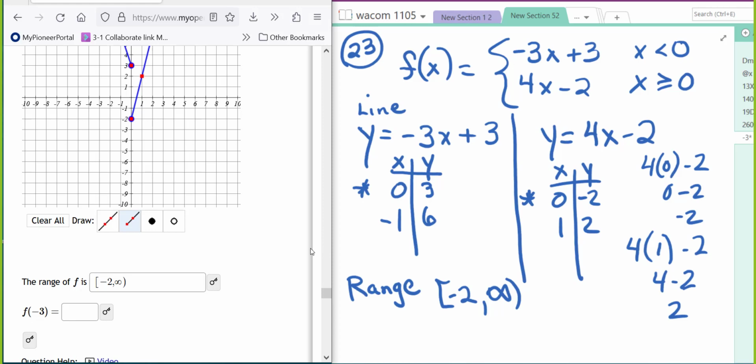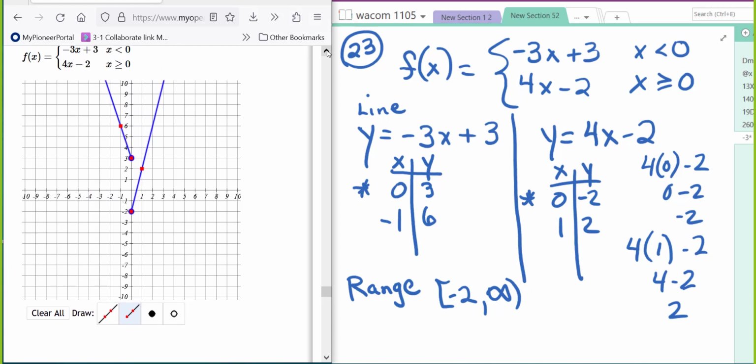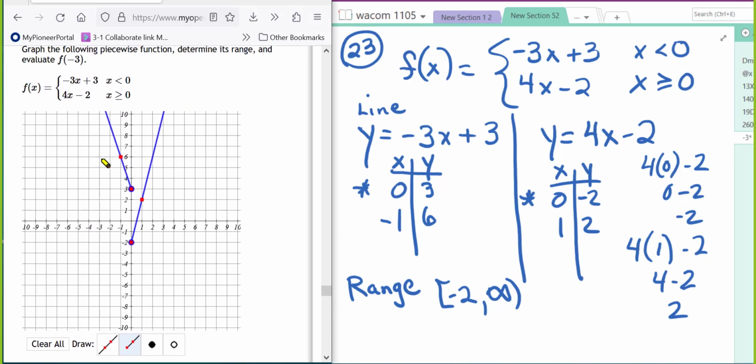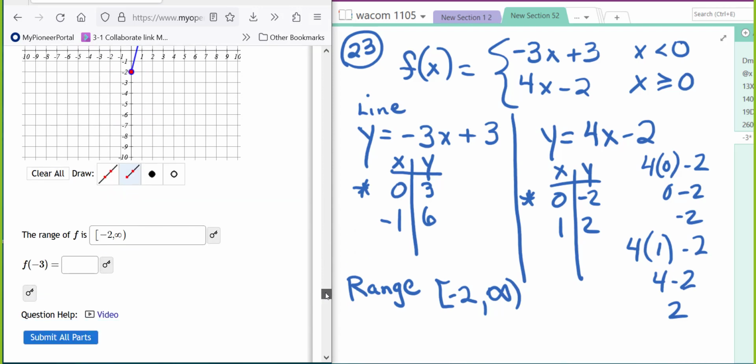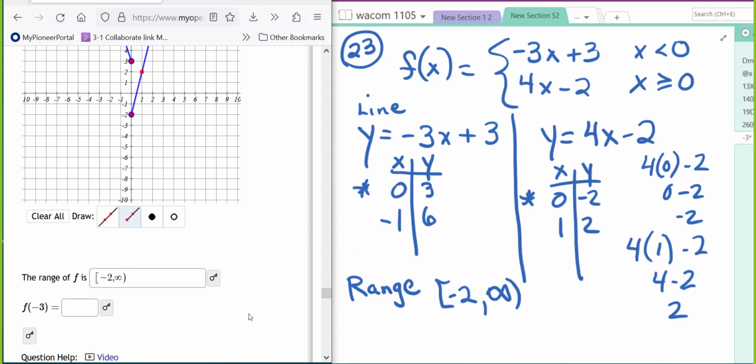And f of -3. When x is -3, where is the graph? And so that's not showing up on our picture so easy. So let's do it algebraically. So you just have to make sure that you use the right one. So f of -3, right? You want the rule when x is less than 0.